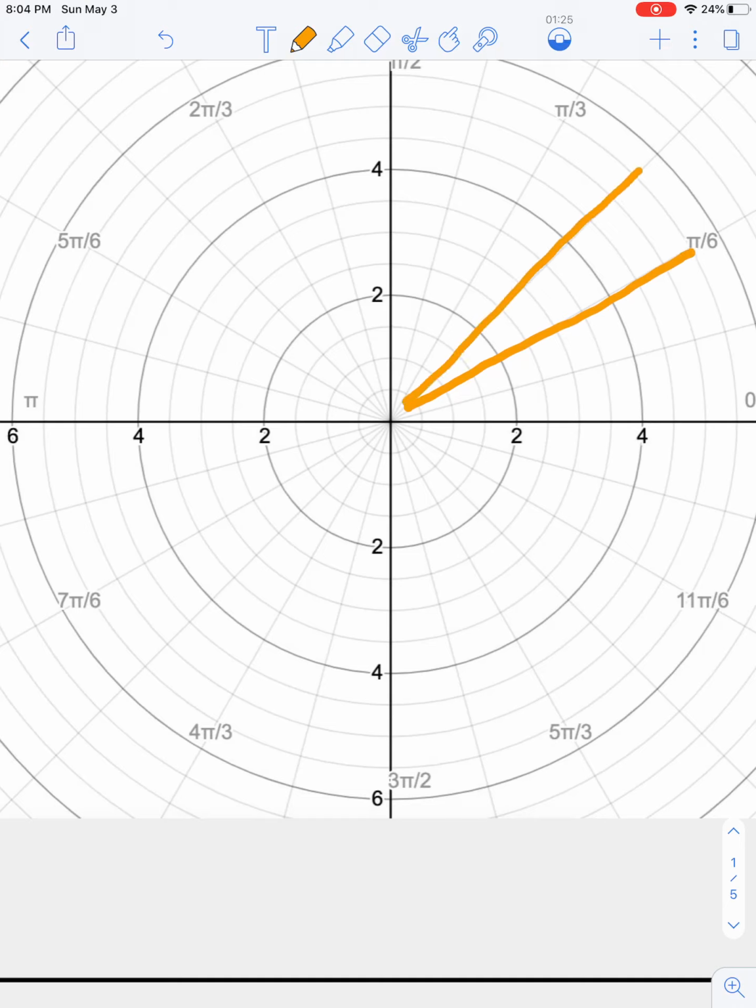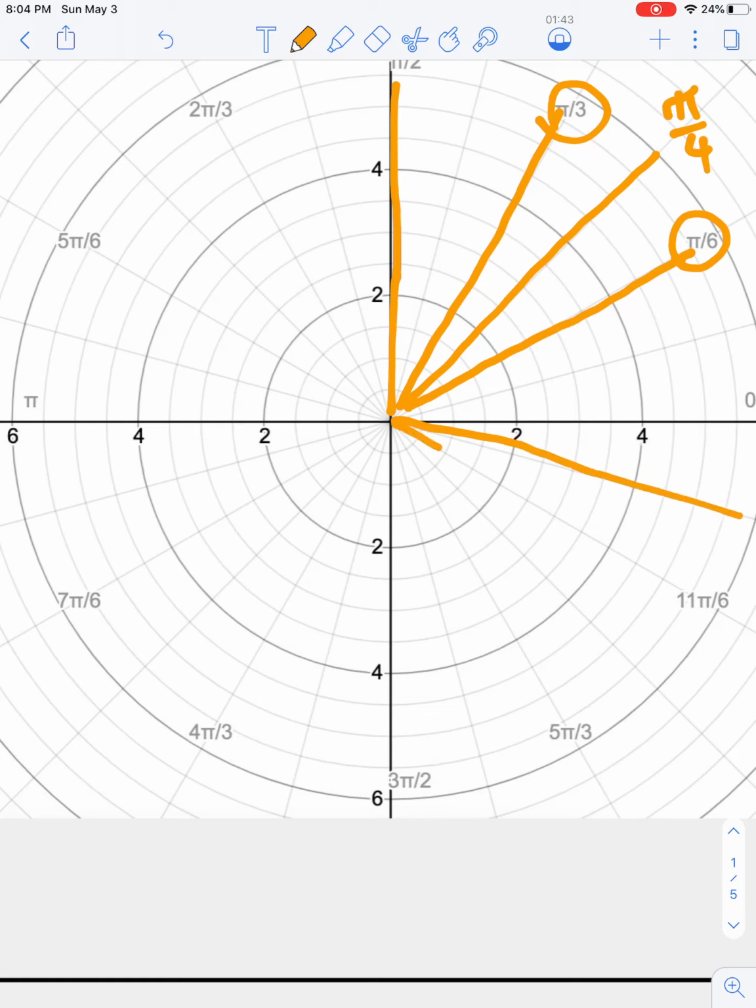Those are called radial lines, and we've seen a bunch of these lines in our use of the unit circle, right? Here's pi over 6, here would be pi over 4, pi over 3, pi over 2. These lines going from the origin out to all of those circles are called radial lines, and I'll be referencing them throughout the video.